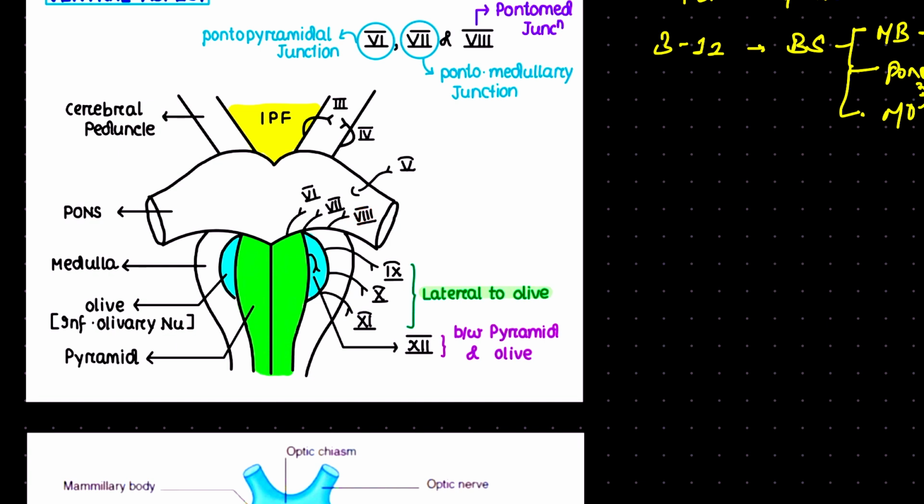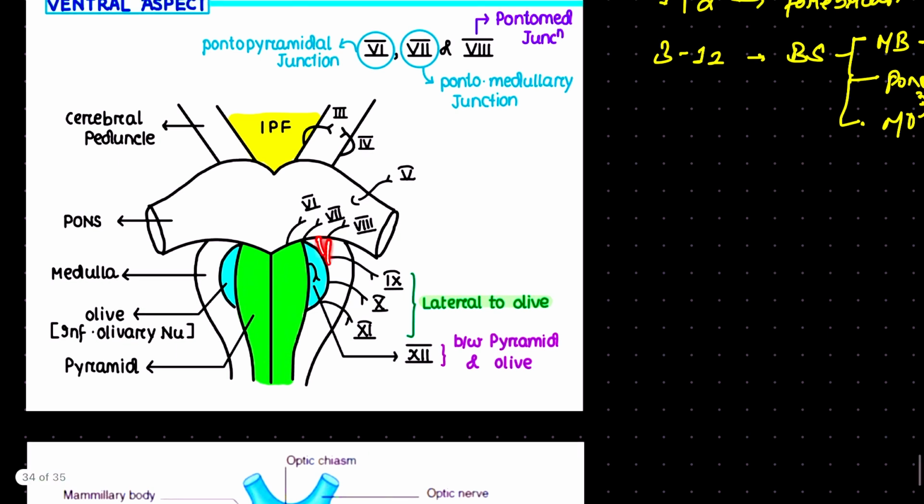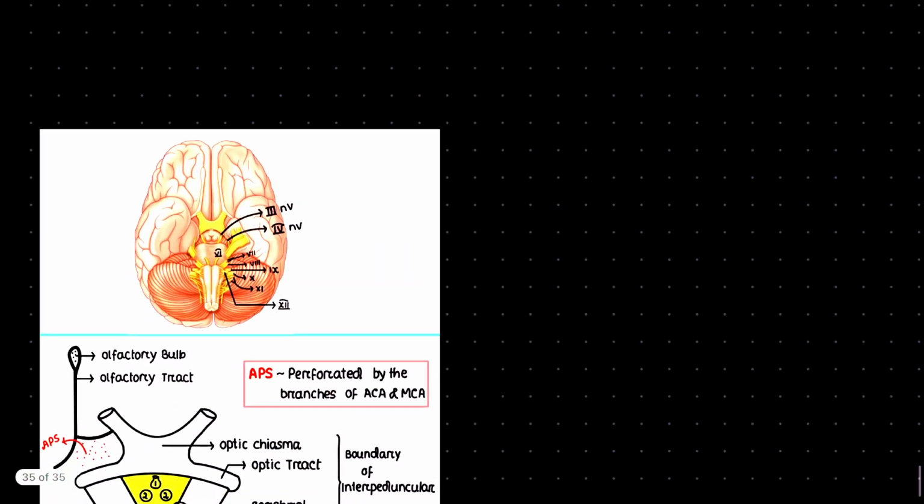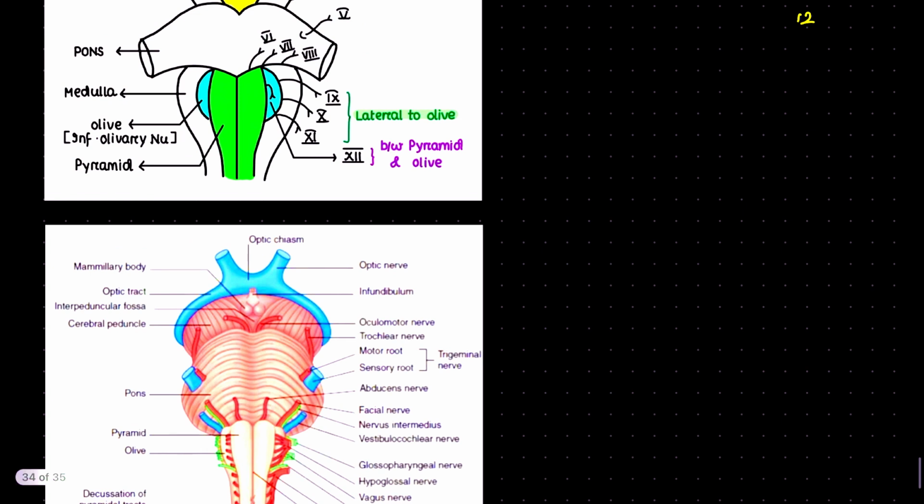In fact all of these are at the pontomedullary junction, but there is no specific structure like pyramid and olive in the region of the 8th cranial nerve. We'll see these things again in this image and also in our image from the Atlas, so don't worry about this section.